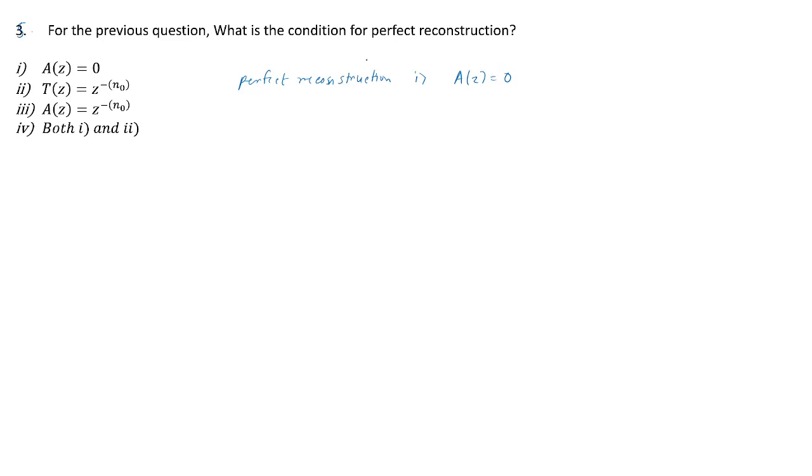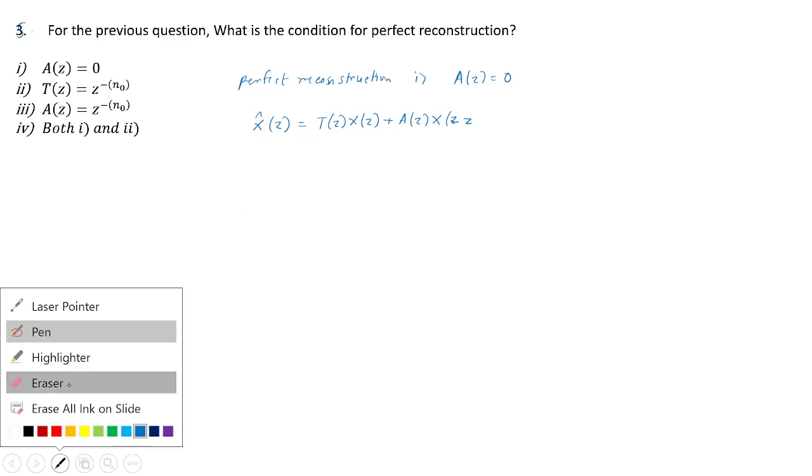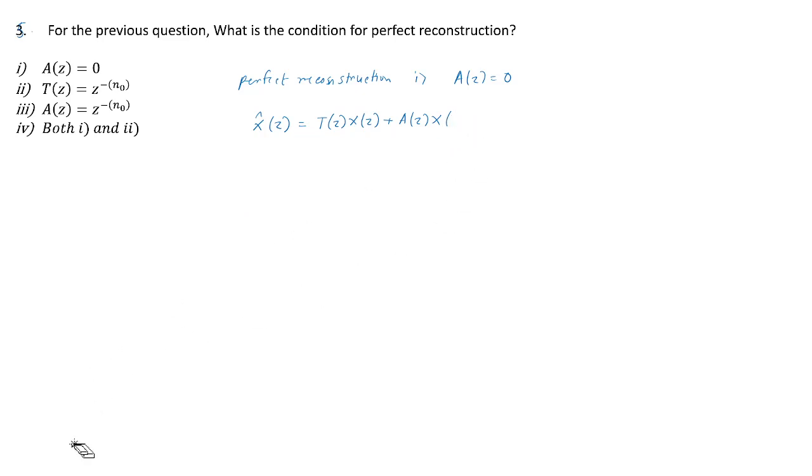Let me write down the expression here again. X hat of z is T(z) X(z) plus A(z) X(-z). So even if this term goes to 0, that doesn't ensure that you can recover X(z) completely from X hat of z.